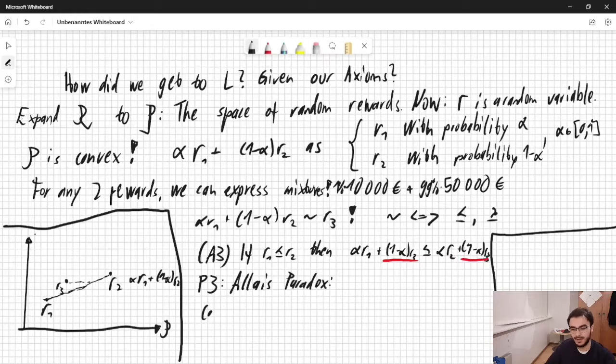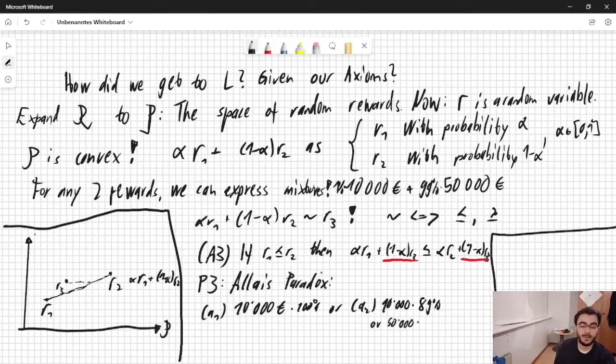First, you have to choose between A1, which says you get 10,000 euros with 100% probability, or A2, which says you get 10,000 euros with a probability of 89%, or 50,000 with a probability of 10%. And then there's a 1% probability that you get nothing.